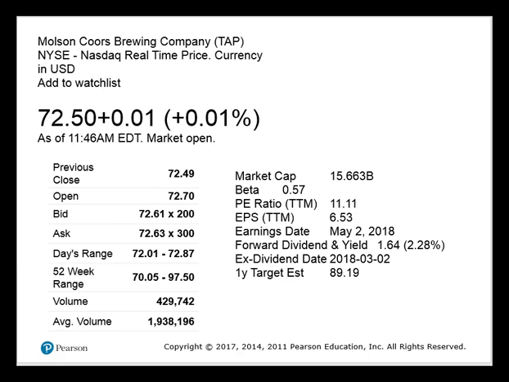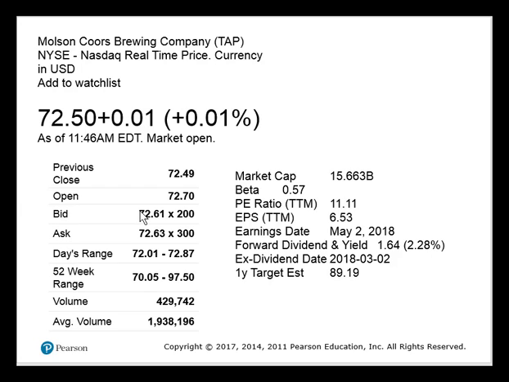So I downloaded this from Yahoo Finance, and it's on Molson Coors. On this day, Molson Coors was selling for $72.50. It was up a penny since the day before. But let's look at some of the statistics. There is a concept called the bid-ask spread.